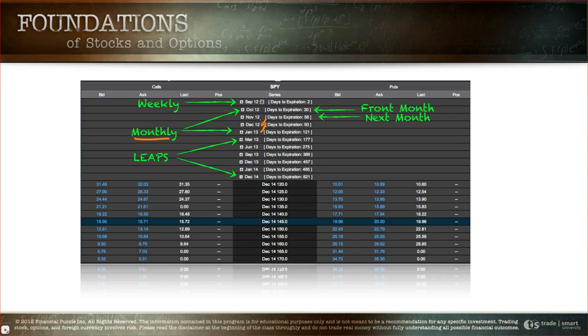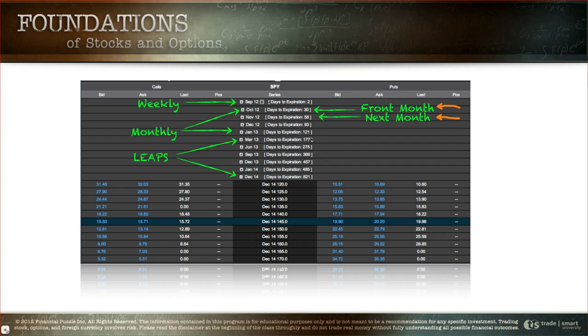Inside this monthly category, you've got front month, which is essentially the front month that you're dealing with, and then you've got next month, which is the month after front month. Does that make sense? So you've got your weekly, the one expiring this Friday, then your front month option, and then your next month. Everything else are just regular standard monthly options until you get out at least 9 months.